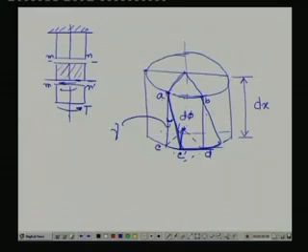We have learnt earlier about the shearing strain gamma. So, this shearing strain gamma will be this particular distance by this particular distance.